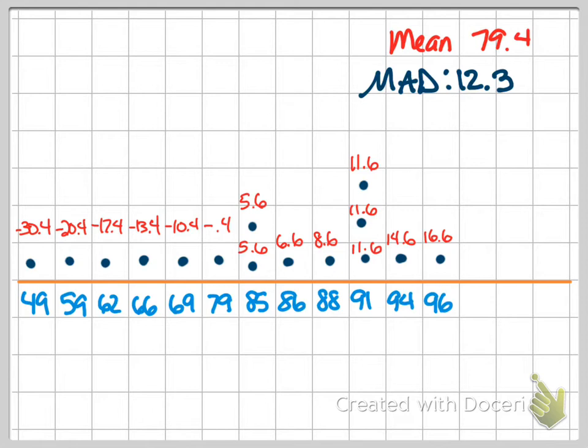This example only uses the dot plot and not the box plot. I then averaged all of those red numbers together, again, making sure that I use the absolute value for my negative valued numbers. And I created a MAD that was 12 3/10.